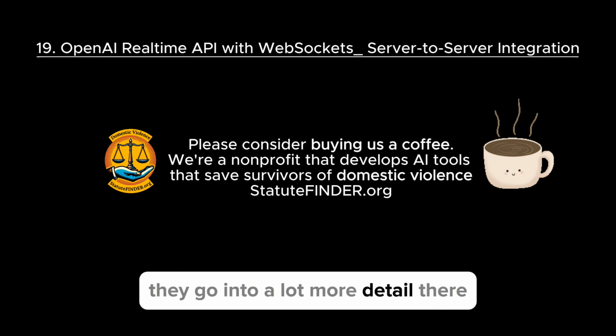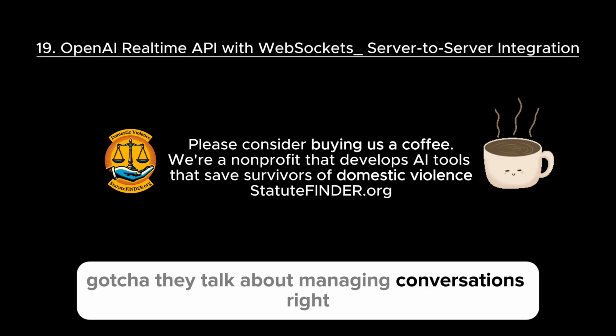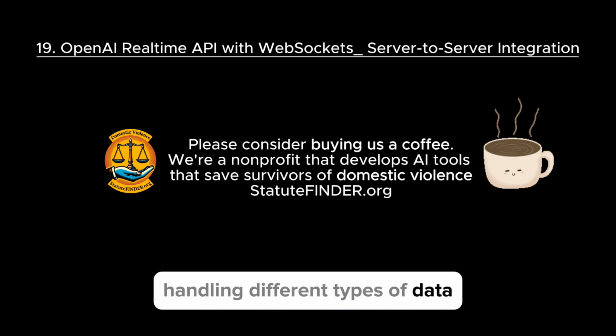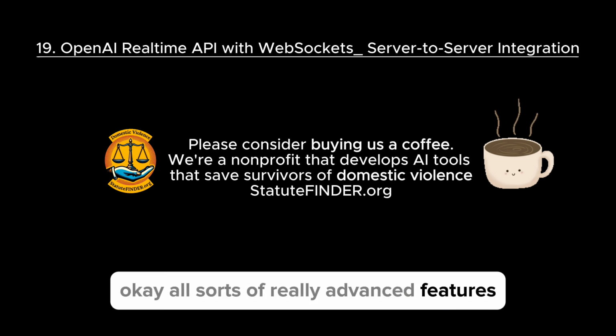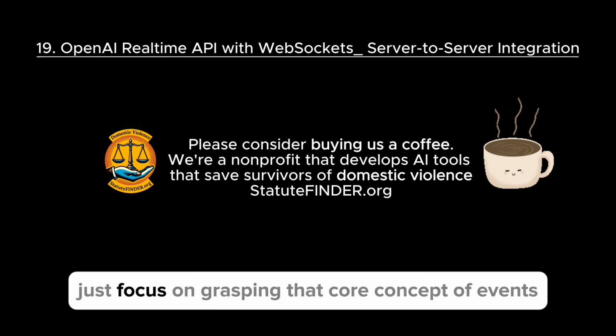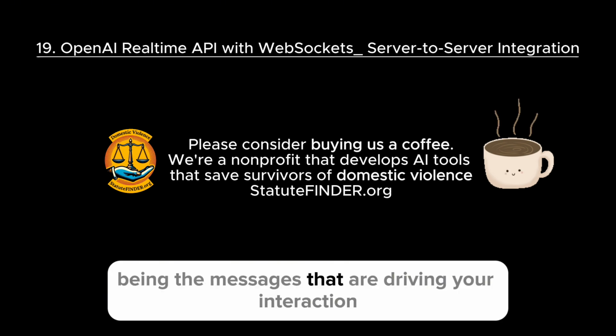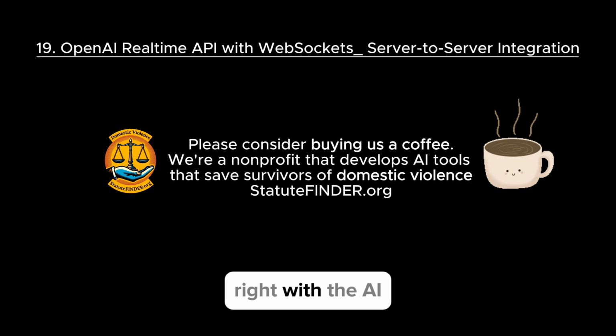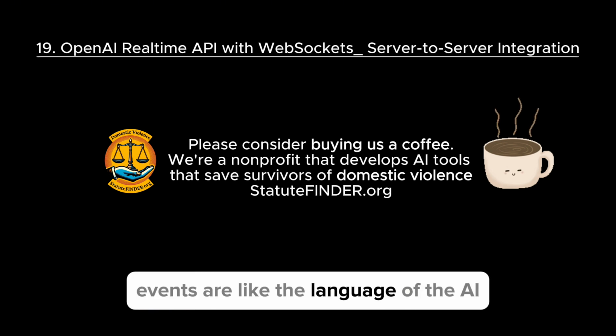They go into a lot more detail there, managing conversations, handling different types of data, all sorts of really advanced features. So like the next level stuff. Exactly. But for now, just focus on grasping that core concept of events being the messages that are driving your interaction with the AI. Events are like the language of the AI.